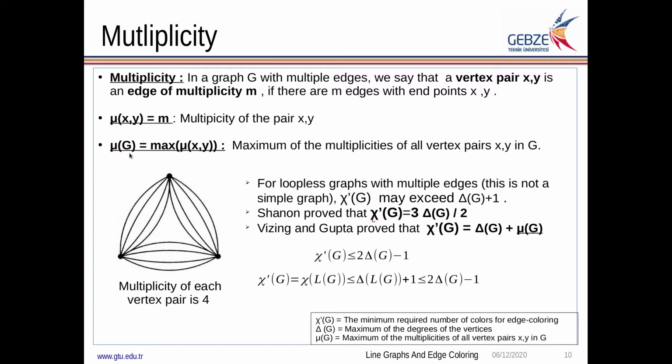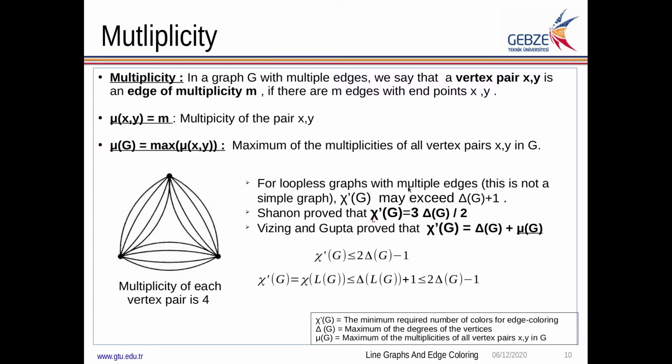And mu of G is the maximum of these multiplicities. For example, here mu of G is 4 because all vertex pairs have multiplicity 4.